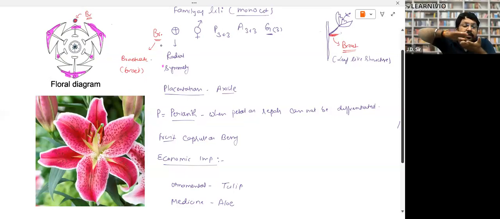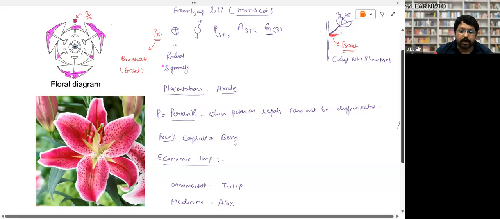So there are two layers: a layer of three leaves, then a layer of three leaves. When you are unable to differentiate between sepals and petals, we call it perianth and we represent it with P. So what is the floral formula?